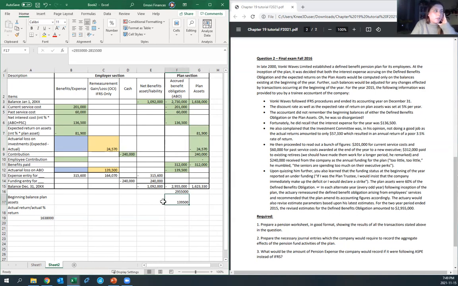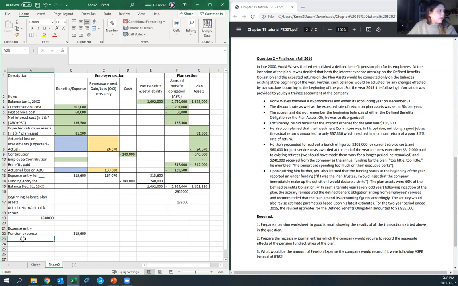All right, so that's it for the worksheet. Then we're going to prepare the journal entries. So the pension expense entry: you're going to have your pension expense of $315,000.